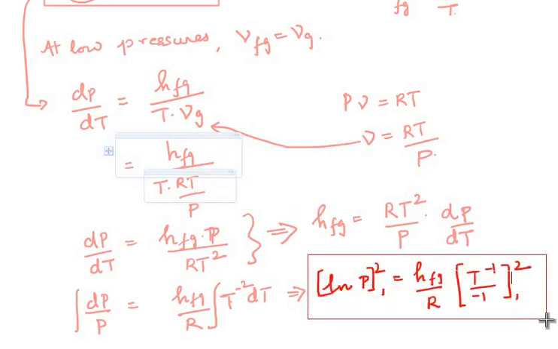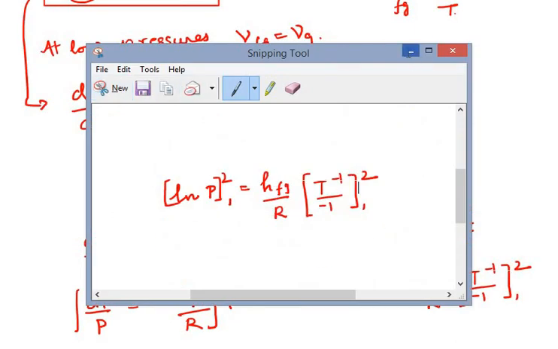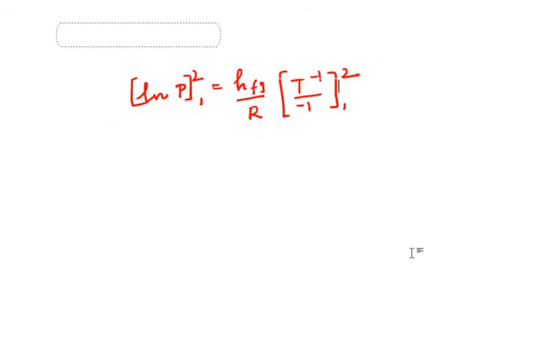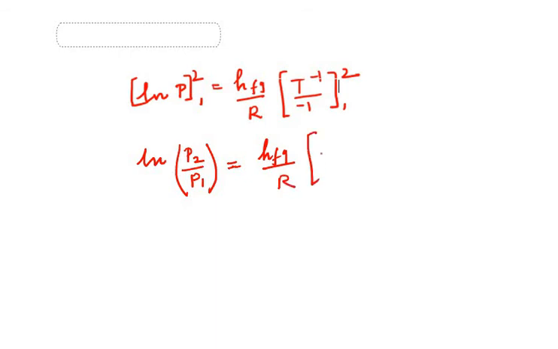I am copying this equation to carry out the work on the next page. So ln(P2/P1) is equal to hfg/R times minus 1/T with limits 1 to 2.